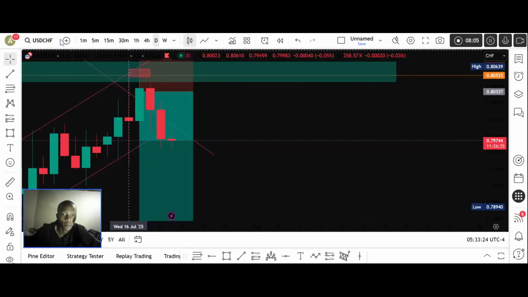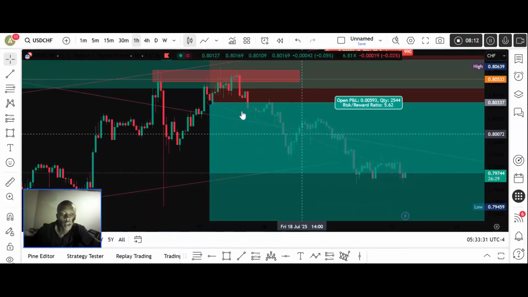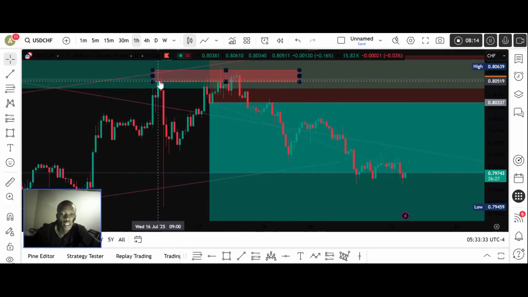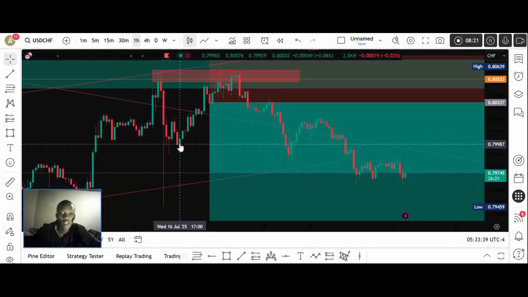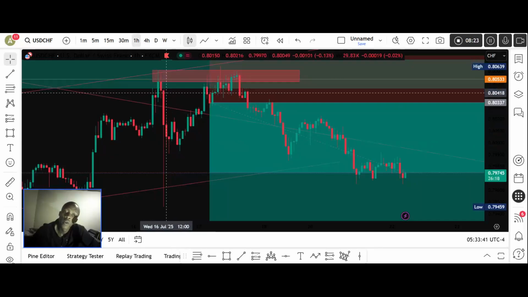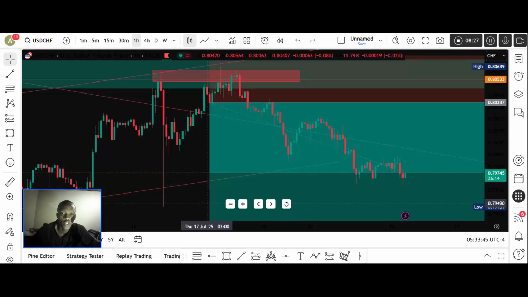So go back to my hour time frame. So where I was, it tested. So I mark like this. I wait for the price to play around. If the price were to just continue going down, I would not be in this trade right now.